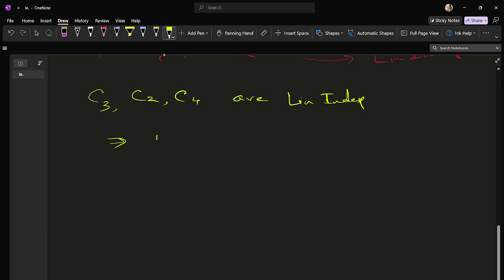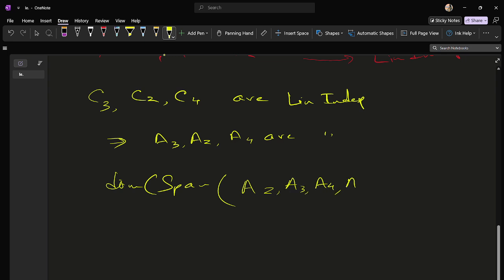So that means A3, A2 and A4 are also linearly independent by the previous argument. So we can say that the dimension of the span will be equal to 3. So our option D is also true.